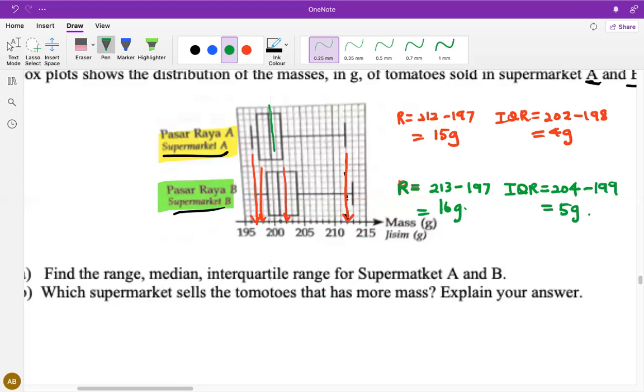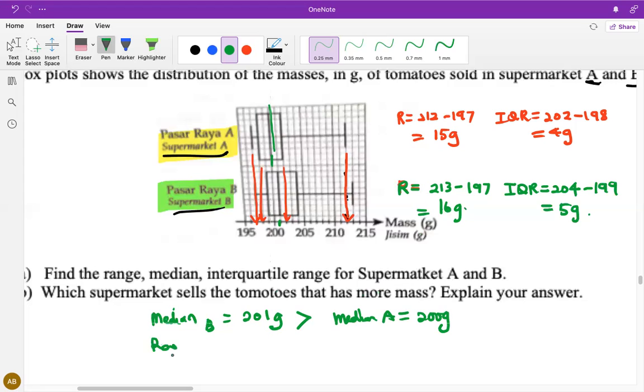So, and then the median, you can see the median for supermarket B is 201 gram, and then median for supermarket A is 200 gram. Okay, so the median is greater also, and then the range also, right?